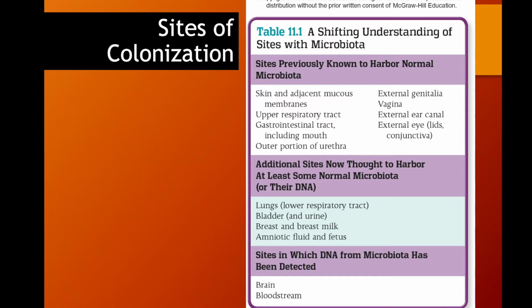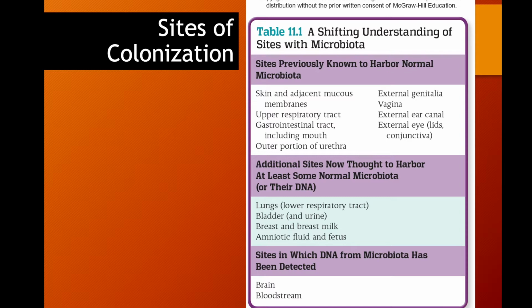But that first section, really anything that's exposed to the environment, outside and inside, is going to have a set of organisms that are adapted to that particular area. Skin and adjacent mucous membranes is a huge area, and we'll talk about that a lot more in our immunology section. Upper respiratory tract, that's your throat, your sinuses too.